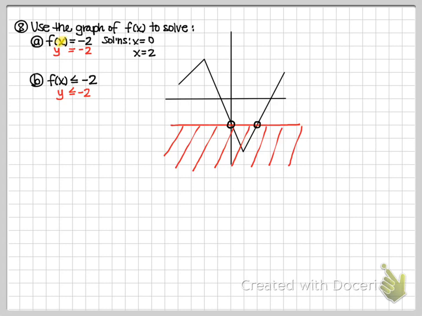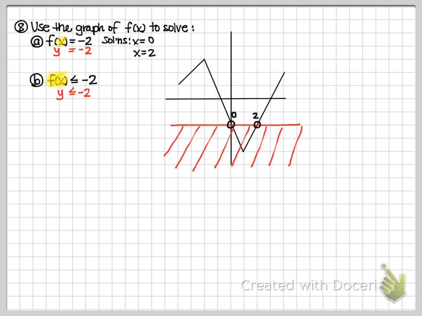So if I take a look back at the original question, I want to know where f of x itself, so the black graph, is in the red shaded region. I already know where these values are located. I know that this is at 0 and this is at 2.